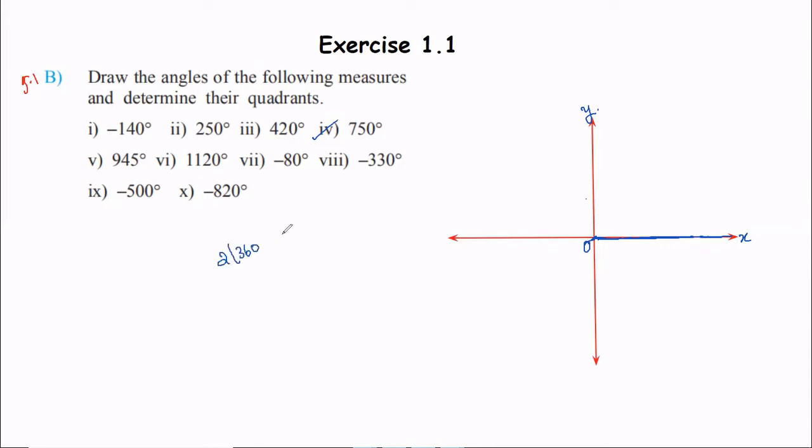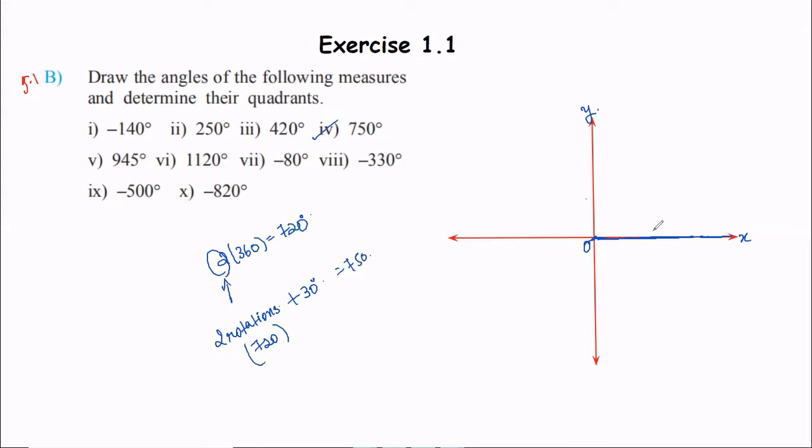That means we require two rotations first, and with those two rotations plus 30 degrees we need to plot. So when we add plus 30 to 720, we get 750. That is how you have to think.